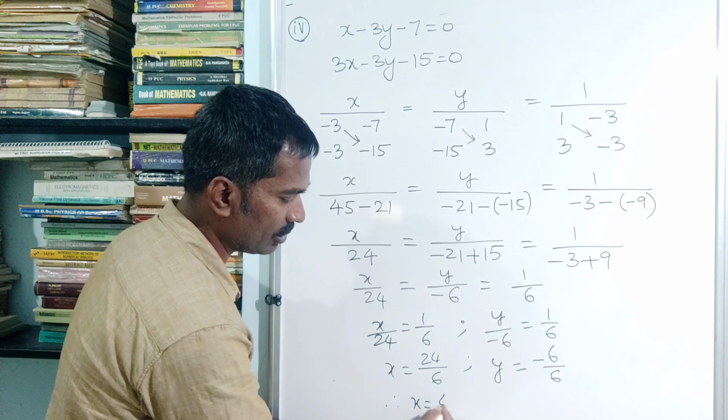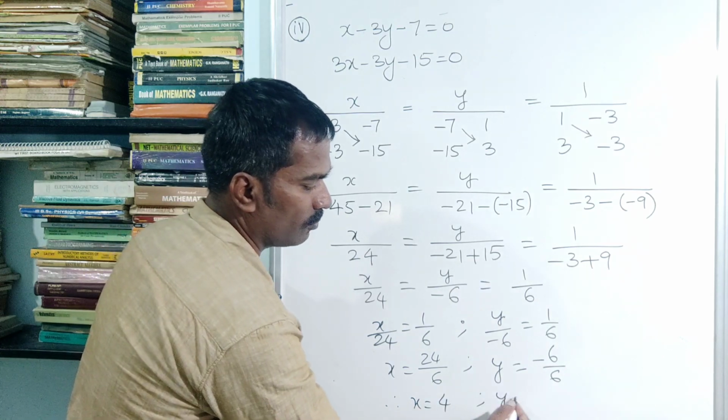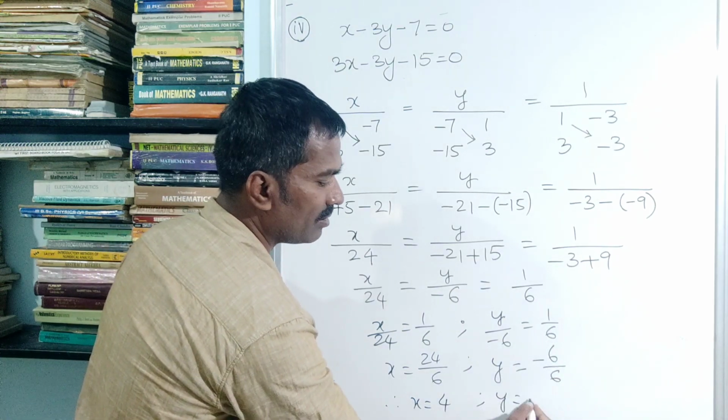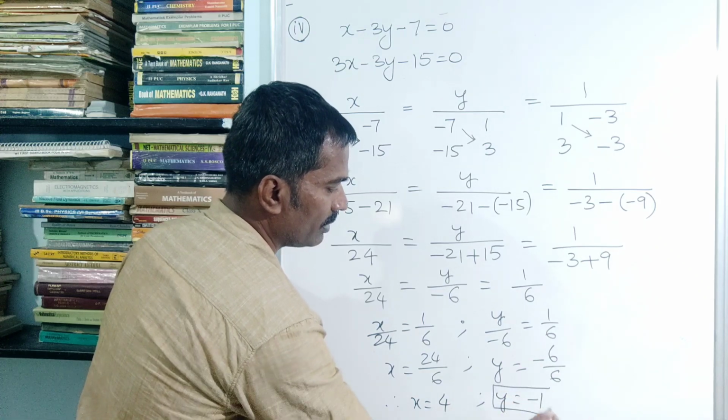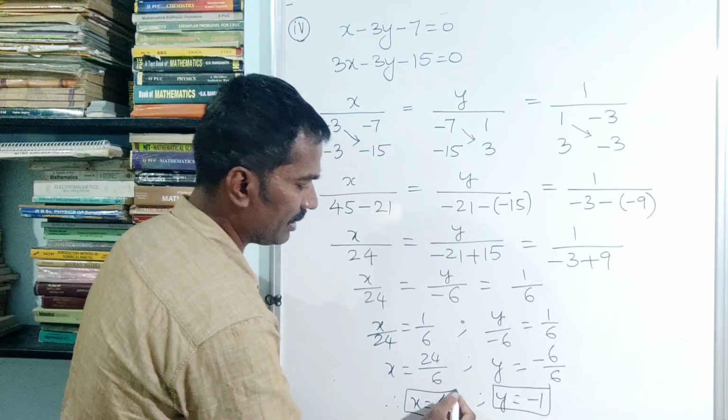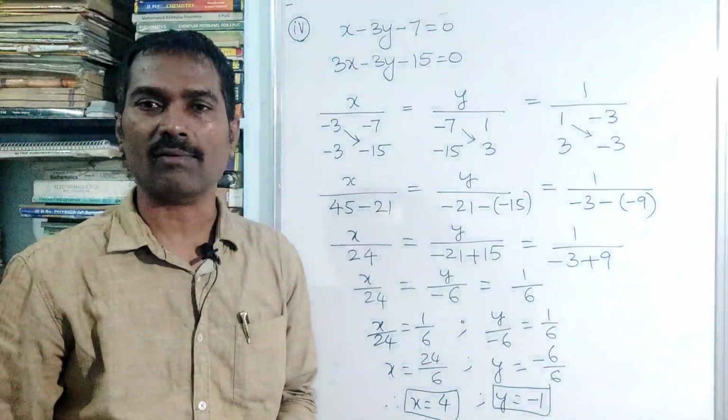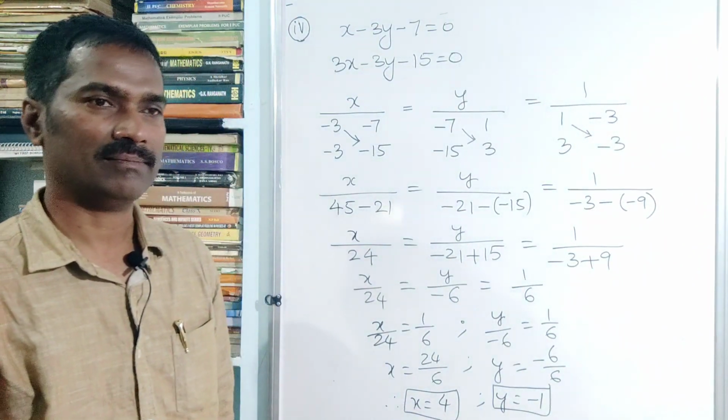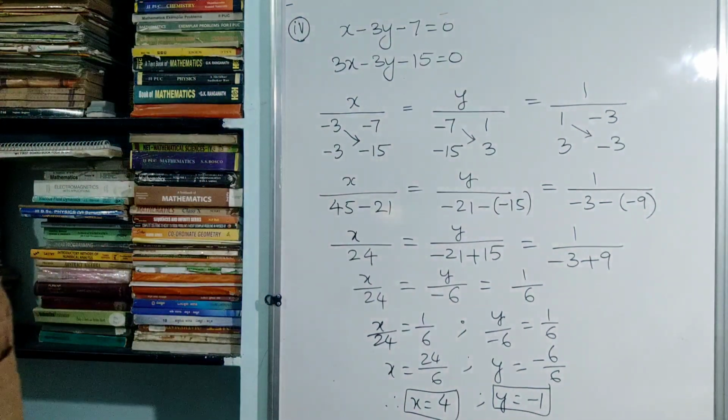Therefore x is equal to 4. y is equal to 6 ones are 6, minus 1. So we got the two values: x is equal to 4 and y is equal to minus 1.